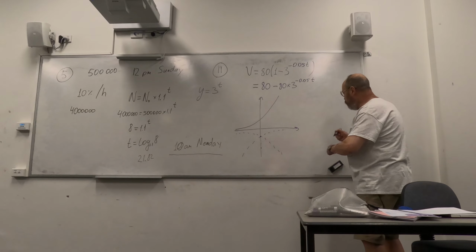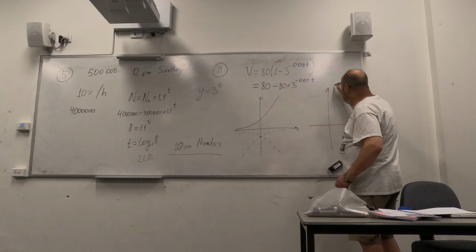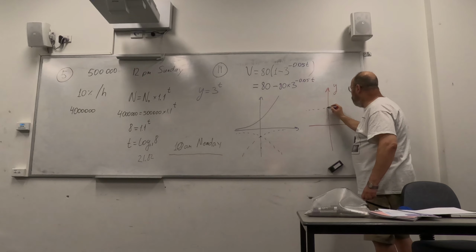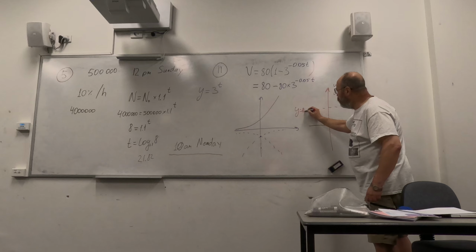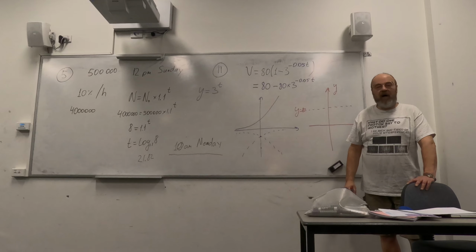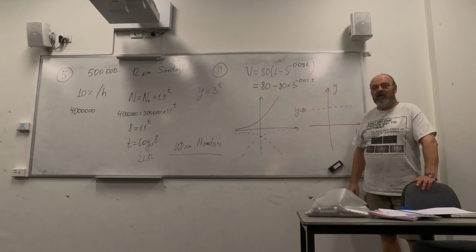So what will be the asymptote? 80. So we have the asymptote at y equals 80. Should we sketch the graph for negative values?